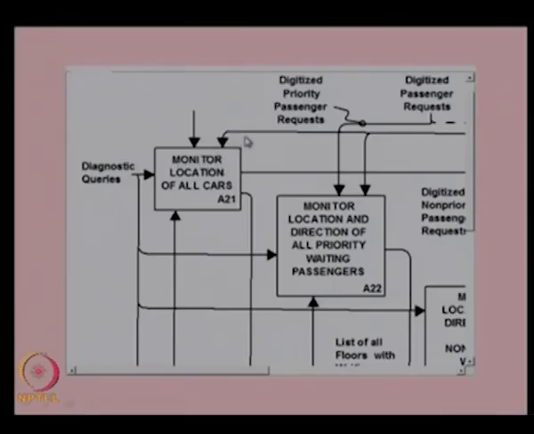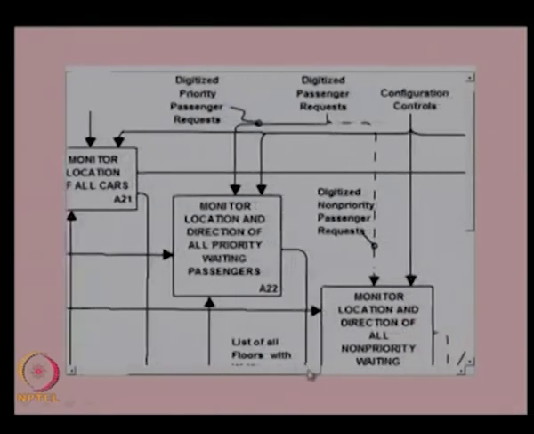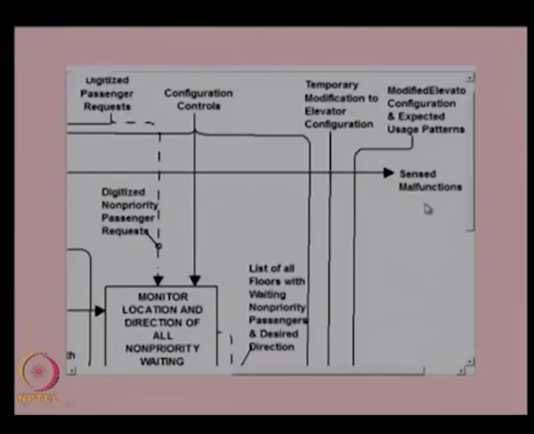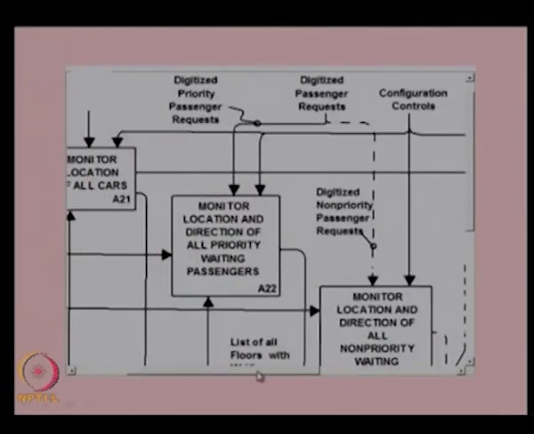Based on this information it will continuously monitor the location of all cars and give this as an output to the allocating function. Any sensed malfunction will also be given as an output. So there will be an output which gives the position of the elevator cars and malfunctioning of these cars, if any. The other one is monitor location and direction of all priority waiting passengers.